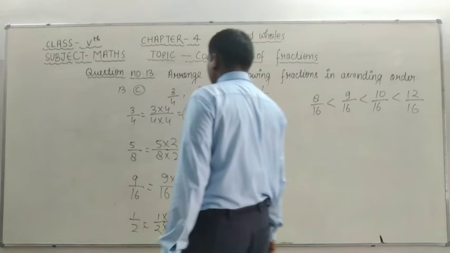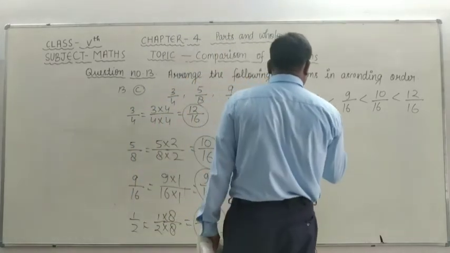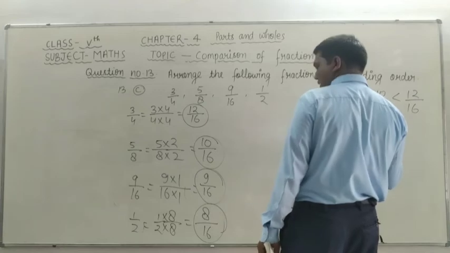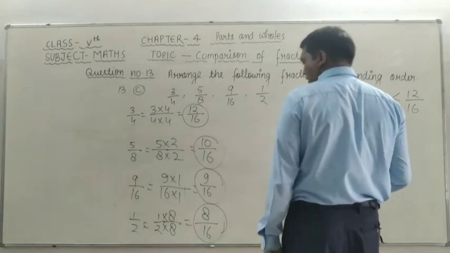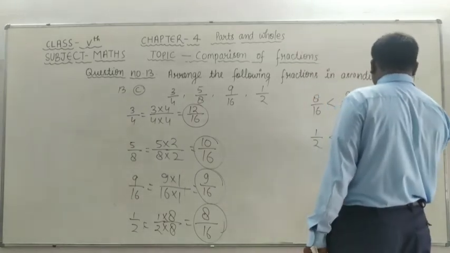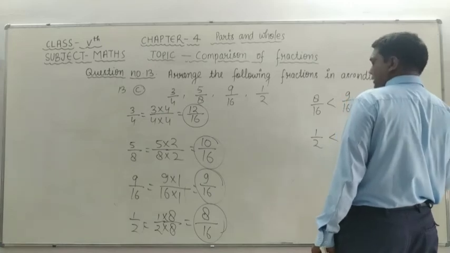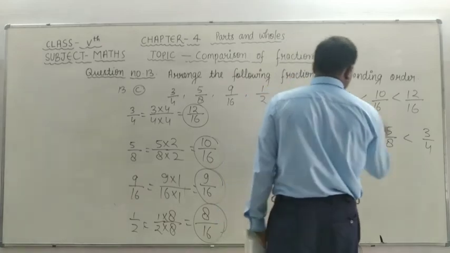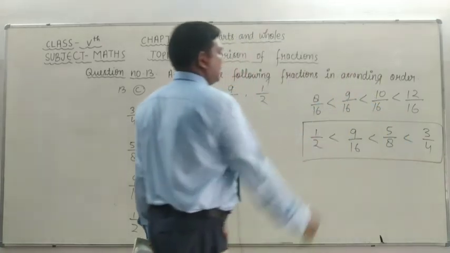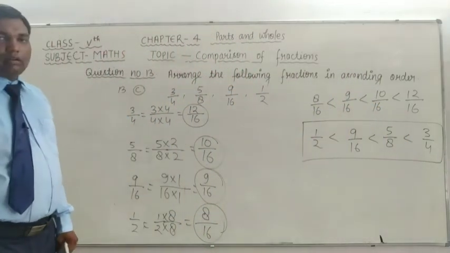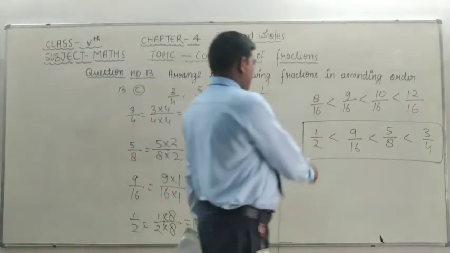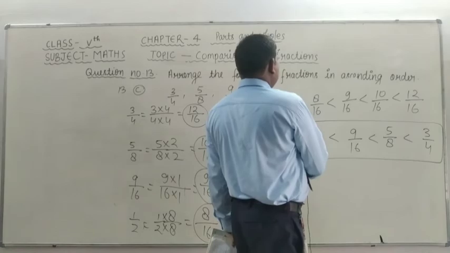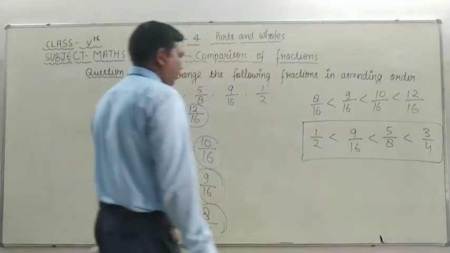Then the fractions are 1 by 2 is less than 9 by 16 is less than 5 by 8 is less than 3 by 4. Okay? This is ascending order, meaning these fractions are in ascending order.